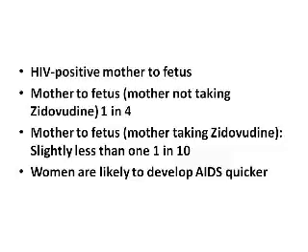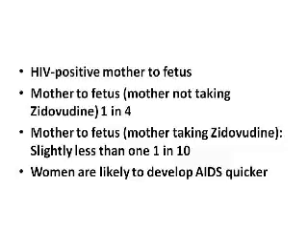This is why zidovudine is a line of treatment for women who have HIV and are pregnant, in order to avoid passing that to the fetus. If the mother does take zidovudine, the chance decreases, so it becomes slightly less than 1 in 10. Women are likely to develop AIDS quicker than men, so that's something that should also be taken into account.